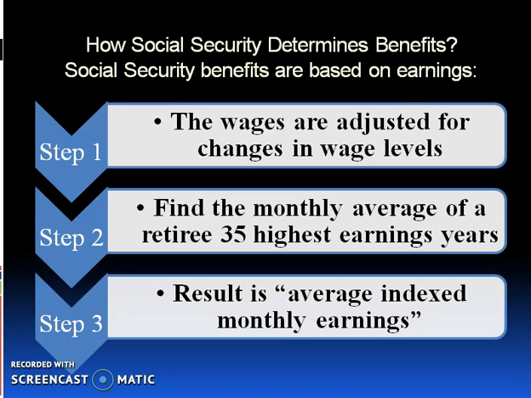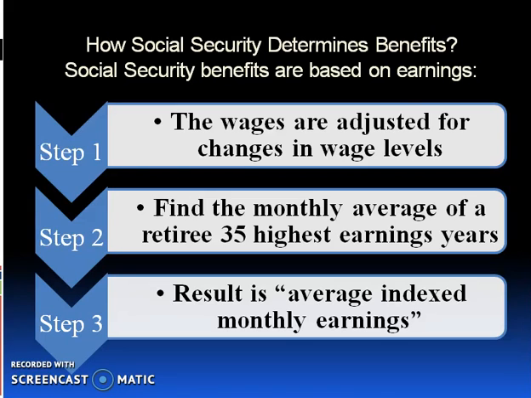The computers focus on the 35 years in which you earned the most money. If you didn't work a full 35 years, zeros will be substituted for those missing years. The next step is to apply a special formula to those indexed earnings to arrive at your basic benefit, which Social Security calls your primary insurance amount, or PIA.